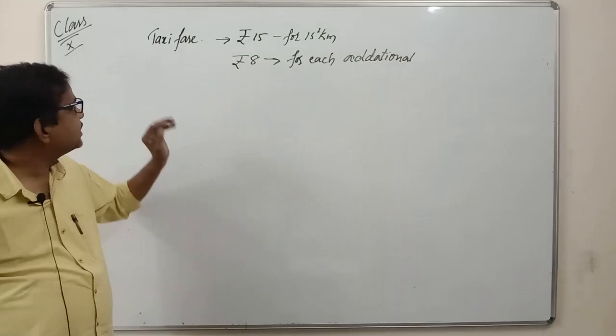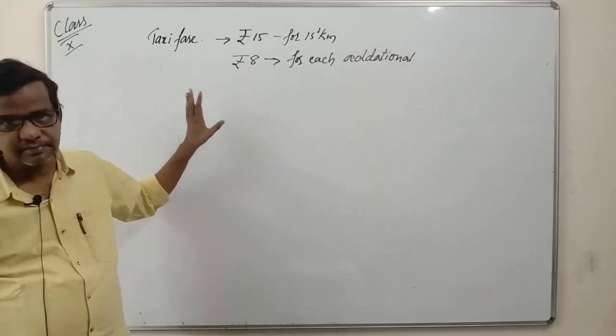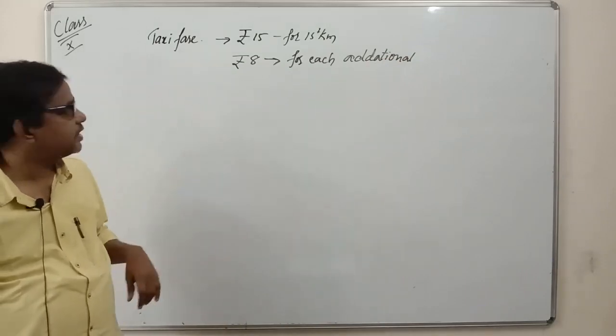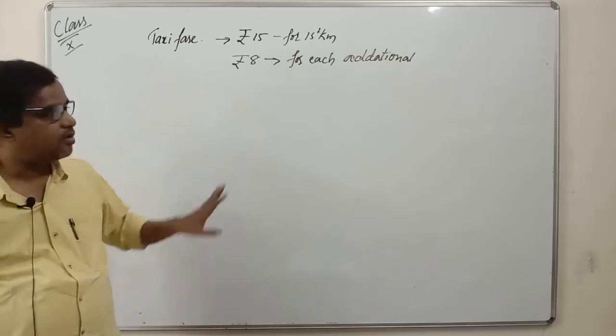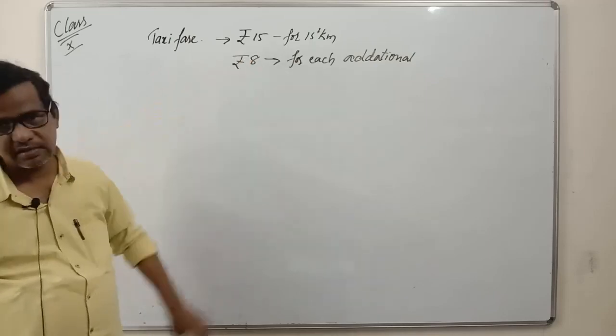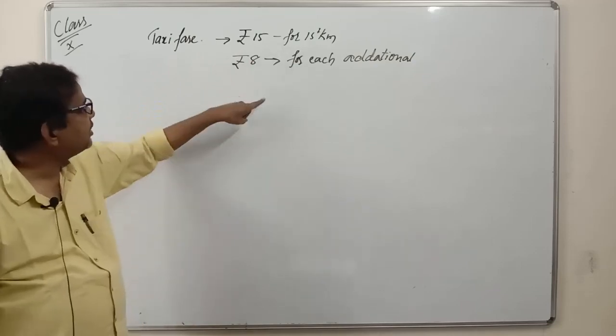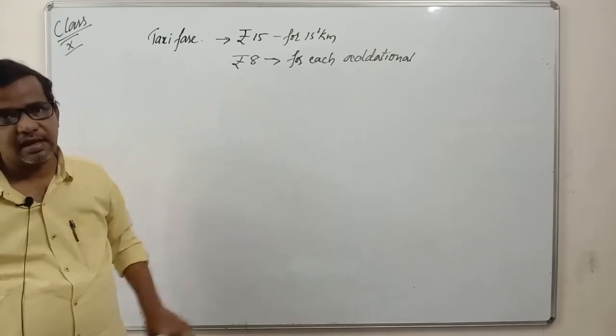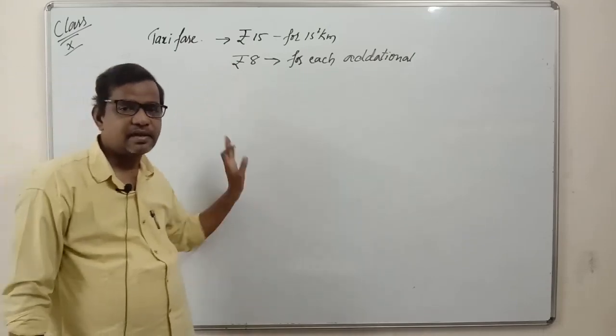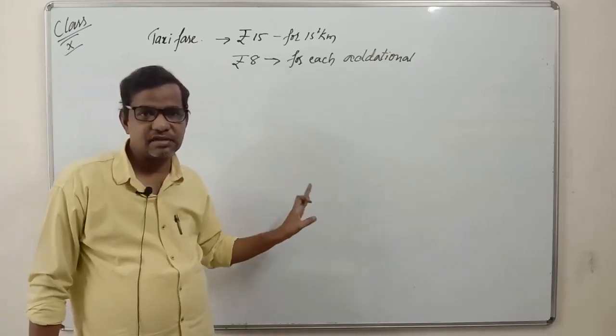So the question is, a taxi is there, the taxi fare. What is the taxi fare? If it starts the taxi, minimum how much you have to pay? 15 rupees he has to pay. And for each kilometer, they have to pay how much? 8 rupees extra. If that is the condition, whether they make arithmetic progressions or not.